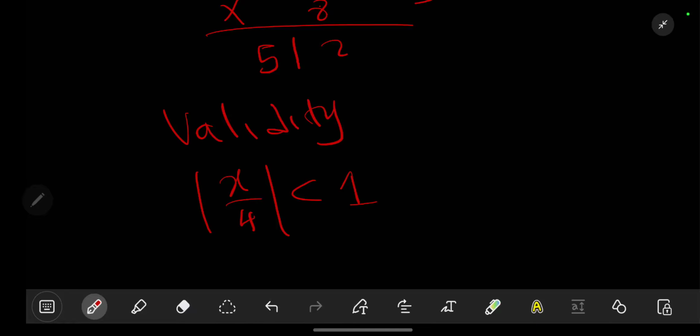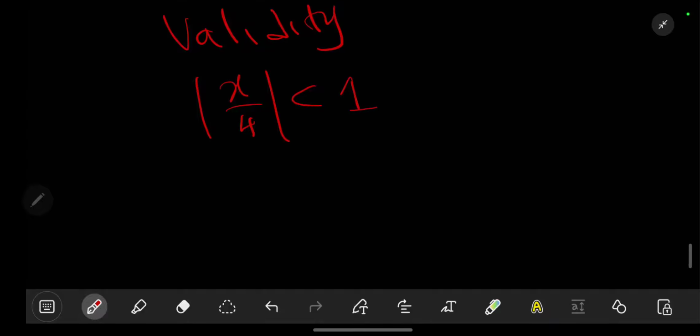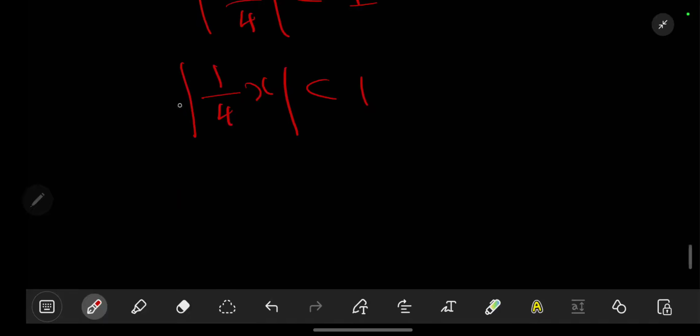So when you do that, this can be split. This is the same as 1 over 4x, like that, less than 1. Put this in different modulus bars. We have 1 over 4, then we have another one which will be the absolute of x. So as long as you do this, it's still the same, less than 1.